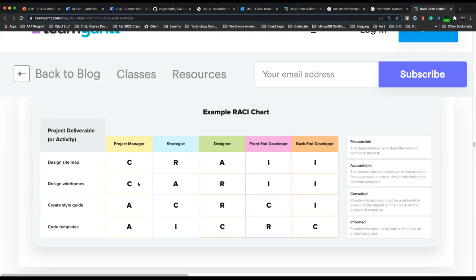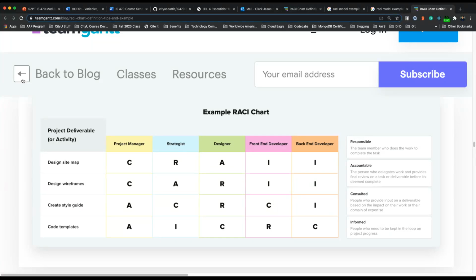Is it meeting the requirements? Okay. Now, when they are creating the style guide, maybe for their coding, right? The one responsible is still the designer, and they now consult the front end developer, right? Because the front end developer would then work on the website, right?